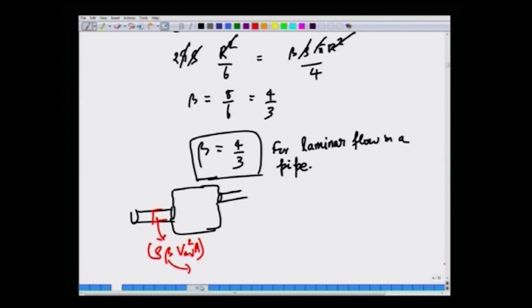That is the simplicity that the momentum correction factor gives us for a pipe or tube, because otherwise you have to evaluate the integral each and every time you do the problem.